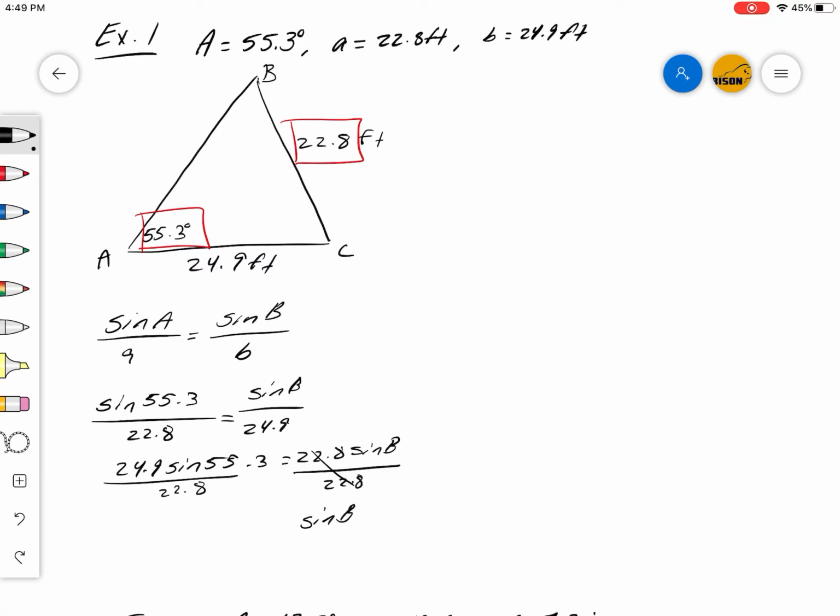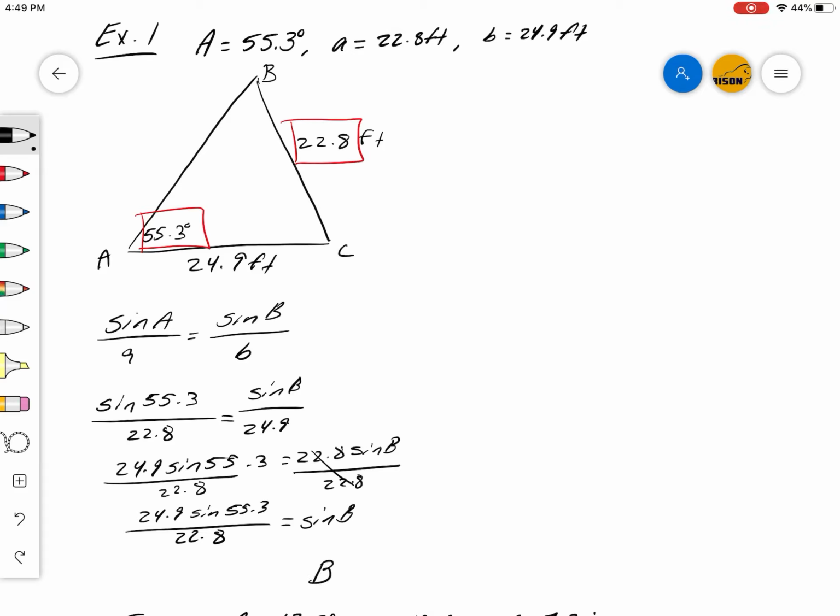And we're dividing. So that gives me sine of B is going to be 24.9 sine of 55.3 all over 22.8. And as we talked about yesterday, we're going to do the sine inverse.